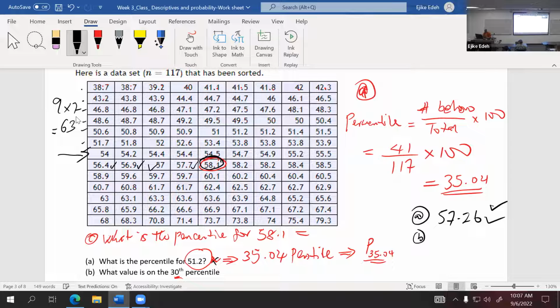So we're going to be doing 67 divided by the total, which is 117, times 100. Does that give us 57.26? Yeah.